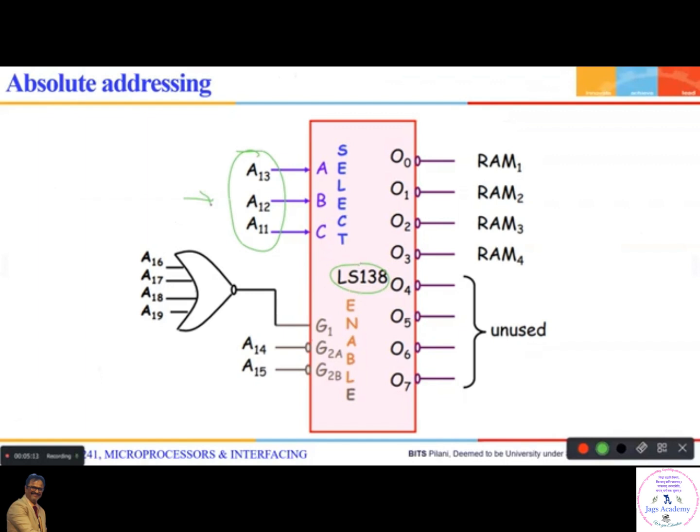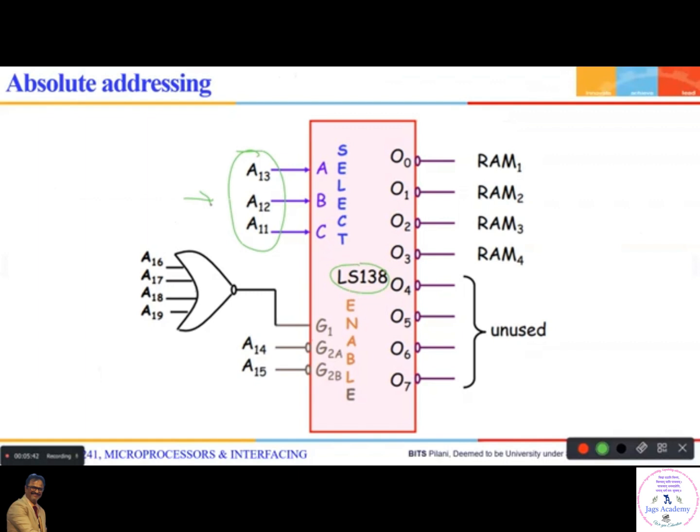To enable this particular decoder logic, you need to give proper inputs: G1 has to be 1, G2A has to be 0, G2B has to be 0.